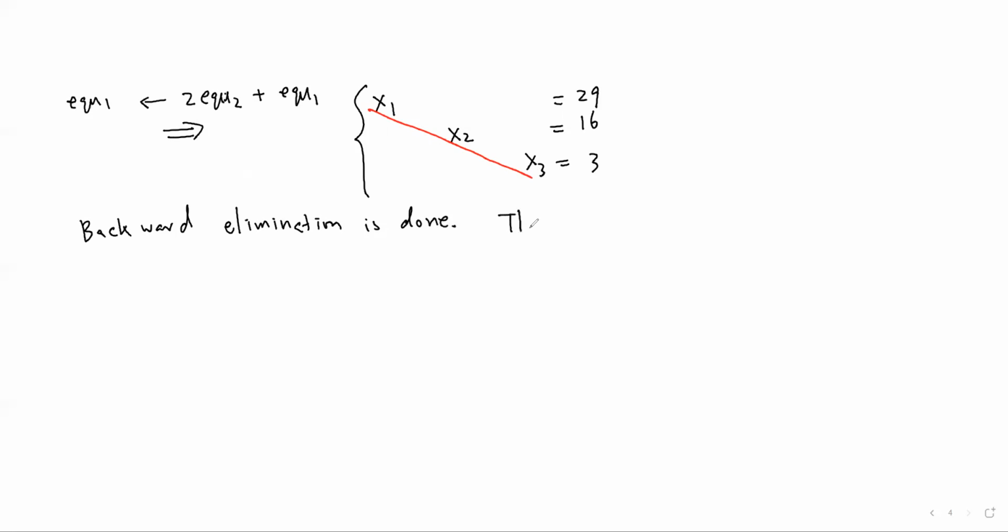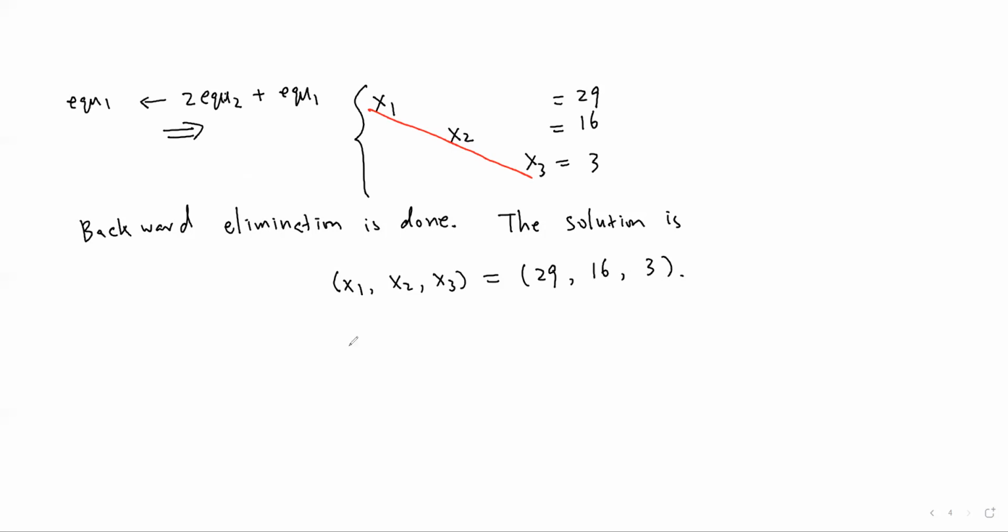The solution of the linear system is X1, X2, X3. X1 is 29, X2 is 16 and X3 is 3.